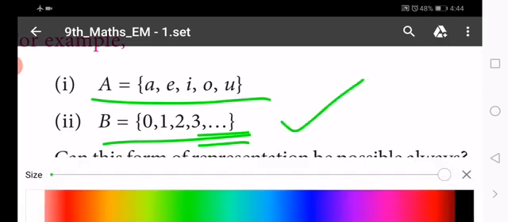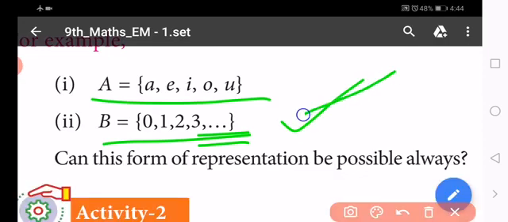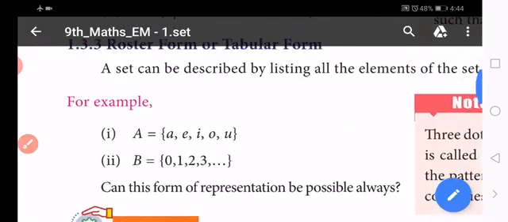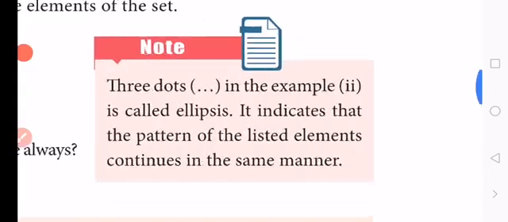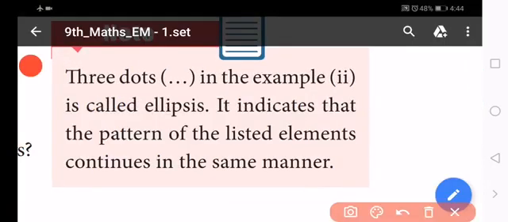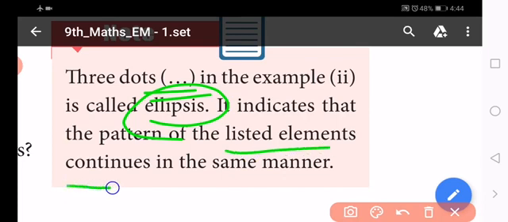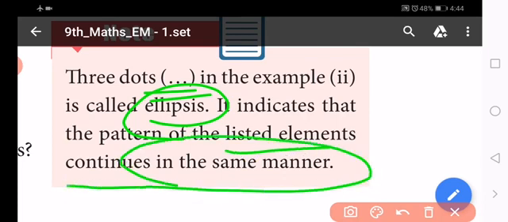Can this form of representation be possible always? It is correct, this method can be used in all the sums. And another thing, the 3 dots in example 2 are called an ellipsis. It indicates that the pattern of the listed elements continues in the same manner up to infinity.